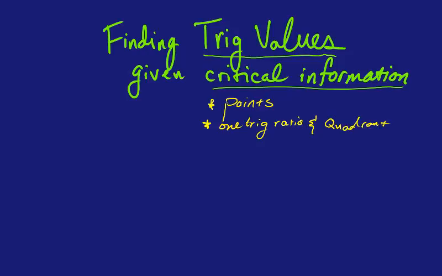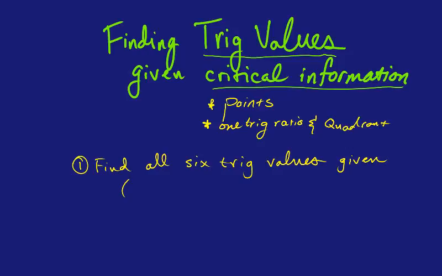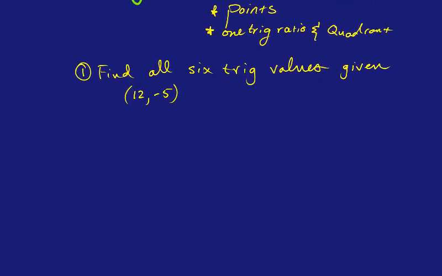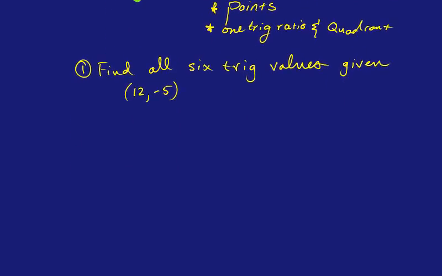So the first example I'm going to do is, let's say you're asked to find all six trig values given the point 12, -5. If you're given the point 12, -5, what you're going to do first is look and see what quadrant that point's in.